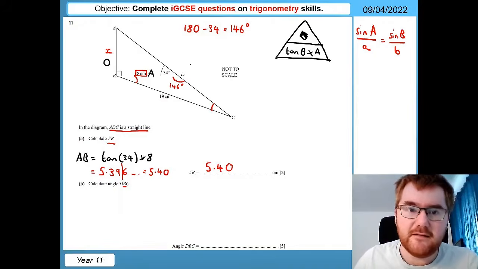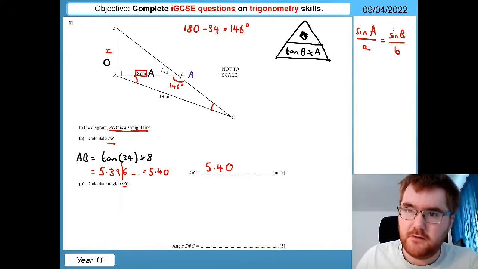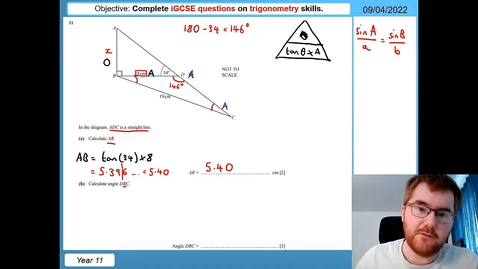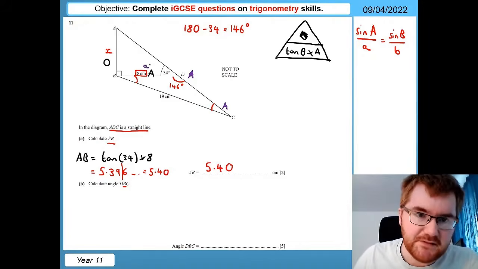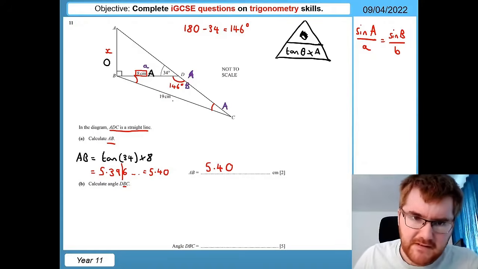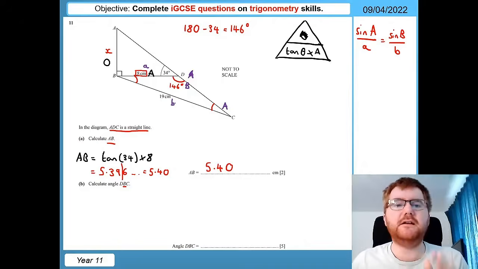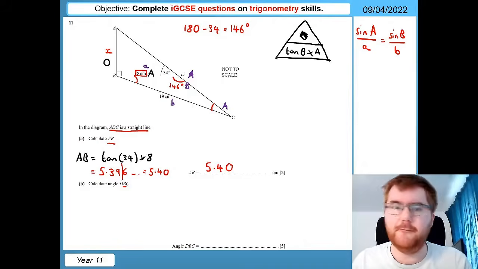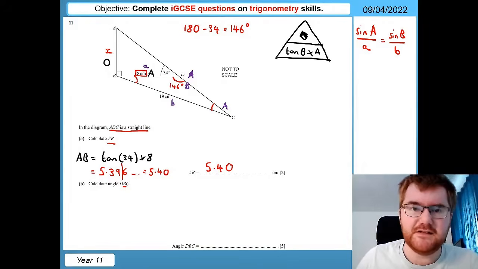We're going to make the angle that we don't know big A. So we're going to make this one big A. This makes this then small a, and then we're going to make this big B and then make this small b. If we label it correctly, it makes the working we're going to do just now a little bit easier for us.